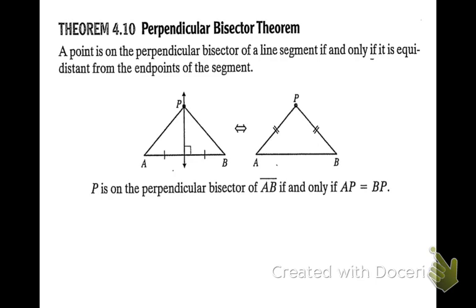All right, so we know P is on the perpendicular bisector of AB because PA is congruent to PB, and vice versa. If PA equals PB, then I know P is on the perpendicular bisector of AB. Any questions? All right.